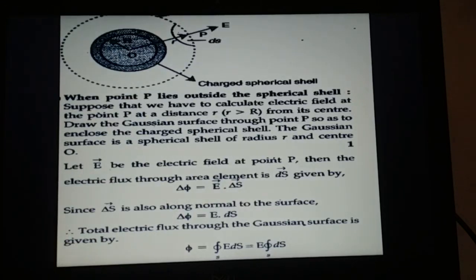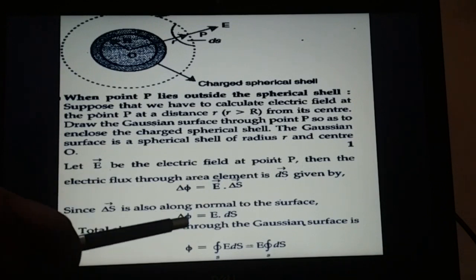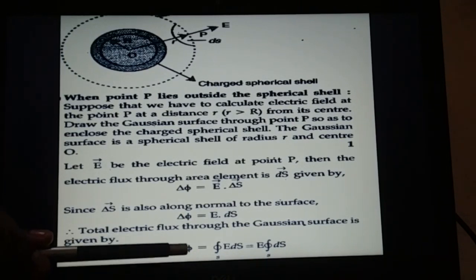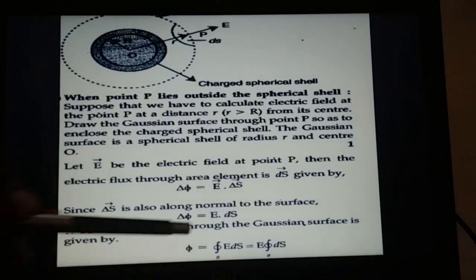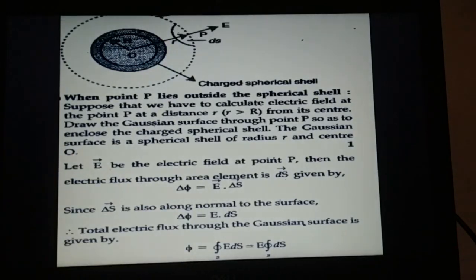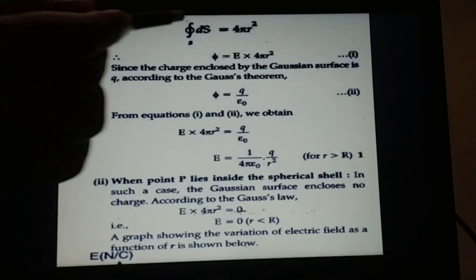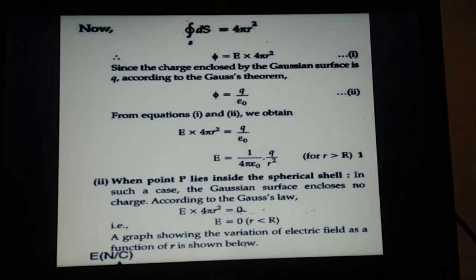that kind of surface only we are considering for finding the electric flux. So delta phi will become E into ds. Therefore, the total electric flux phi is equal to surface integral E ds. That means E into surface integral ds. So surface integral ds will become, what is ds?